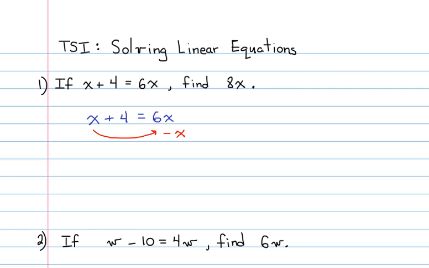On the left side, all that's going to be left is a 4. Here 6x, take away one more x, gives us just 5x, and now what I have to do is divide both sides by 5. If I divide this side by 5 and that side by 5, I'm left with x equals 4 over 5.